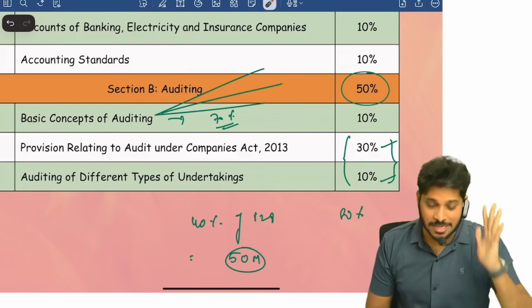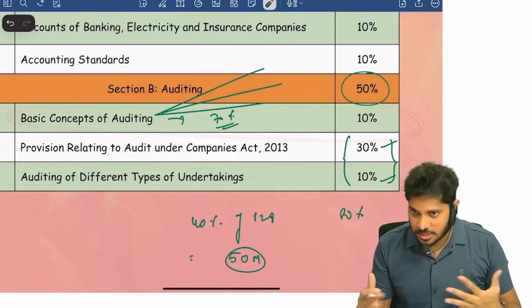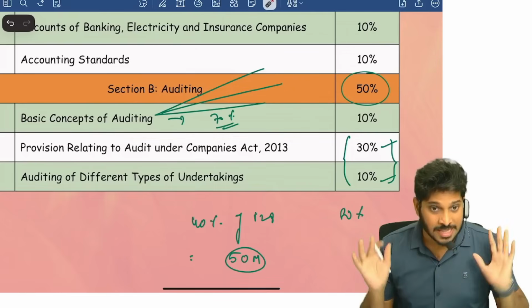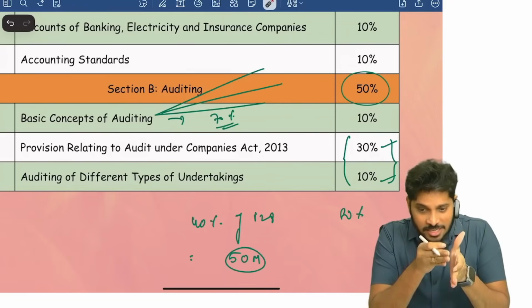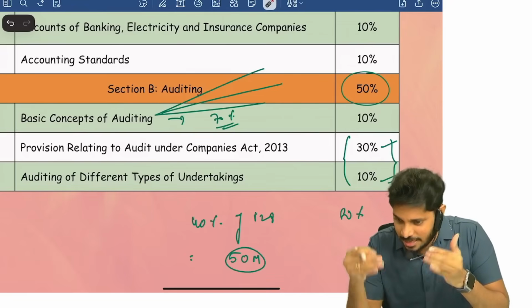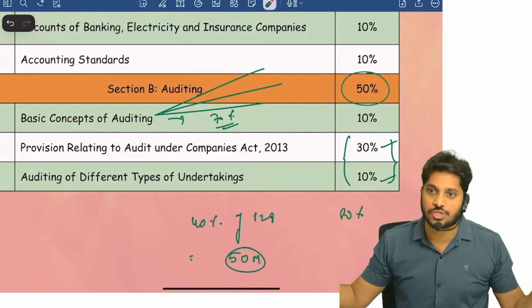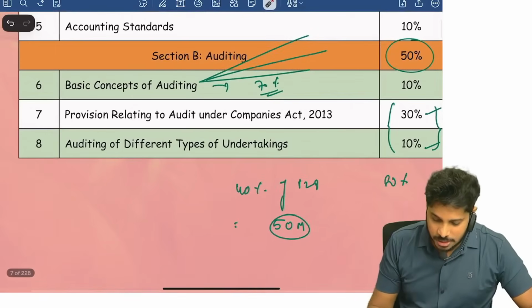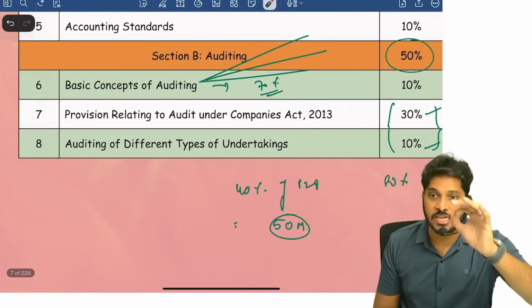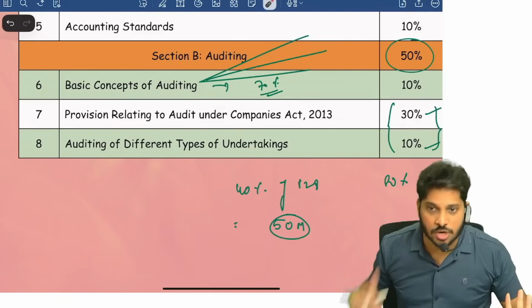Even in CMA Inter, the normal EO regular class cannot justify it. We will give you a decent idea because we can't touch it in depth. The moment we do, the course duration will increase substantially. Understood? But these two topics, 7th and 8th, we give in-depth explanation in our EO class.